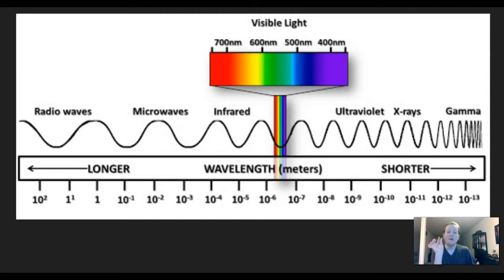Small wavelength, big energy, or likewise, big frequency, big energy. So what color light has the smallest amount of energy? It's red light, okay? Because red light has the biggest wavelength, or, just as valid, it has the smallest frequency. So radio waves have the lowest amount of energy, gamma waves have the biggest amount of energy.